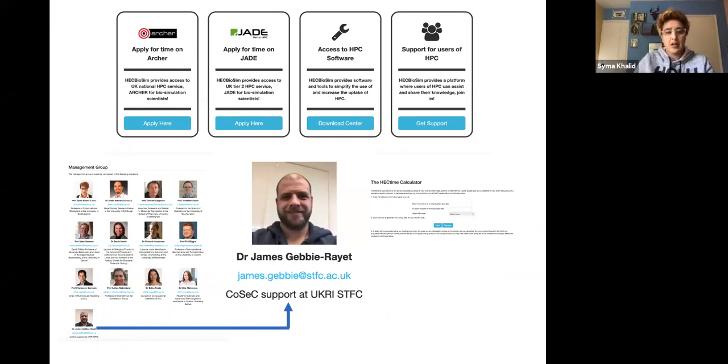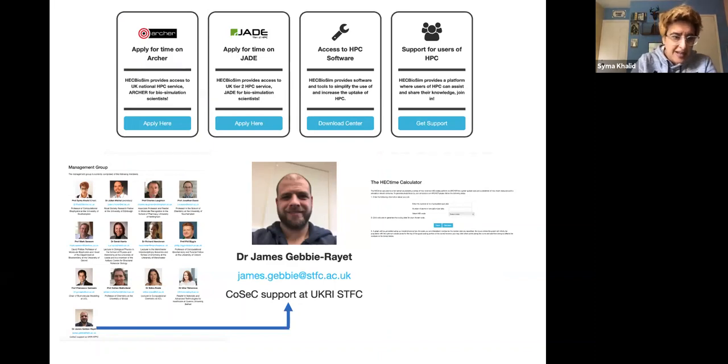If you have a code that's optimized for GPUs, then working on Archer, which is CPU based, may not be the best thing. You may prefer to go for a GPU cluster. So it may be worth talking to us about applying for time on Jade.